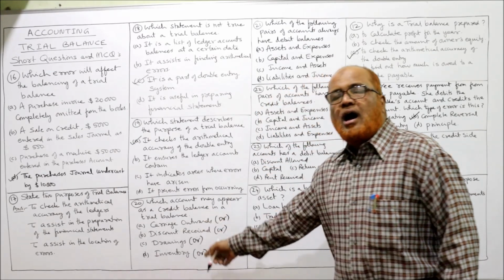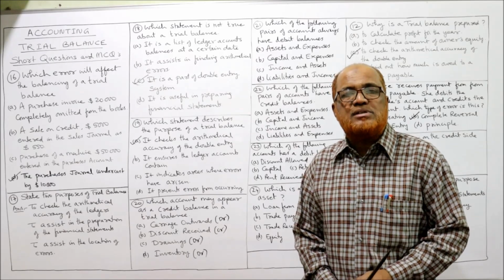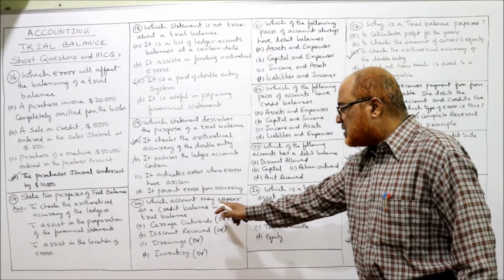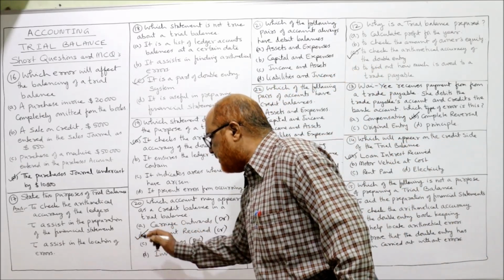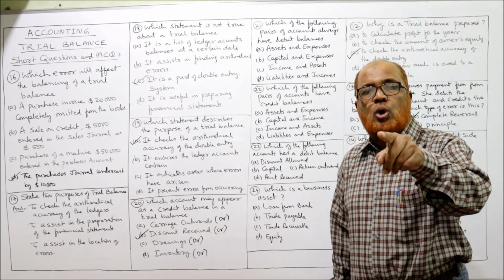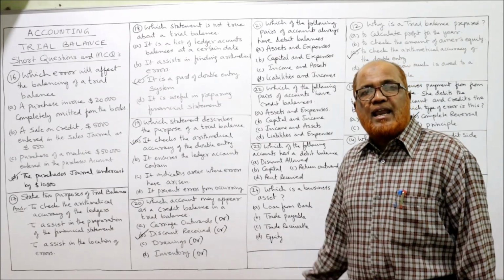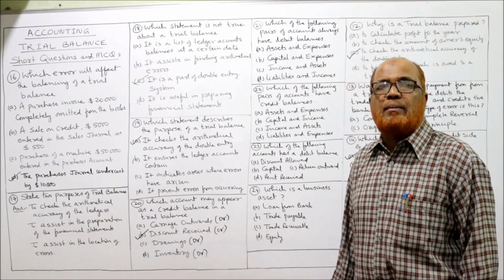So you can see out of the 4 items, 3 items are debit balance. 1 item is credit balance. Which item is the credit balance? Discount received. So answer is B. Discount received will show credit balance, whereas carriage outward, debit balance, inventory, debit balance, drawings, debit balance.